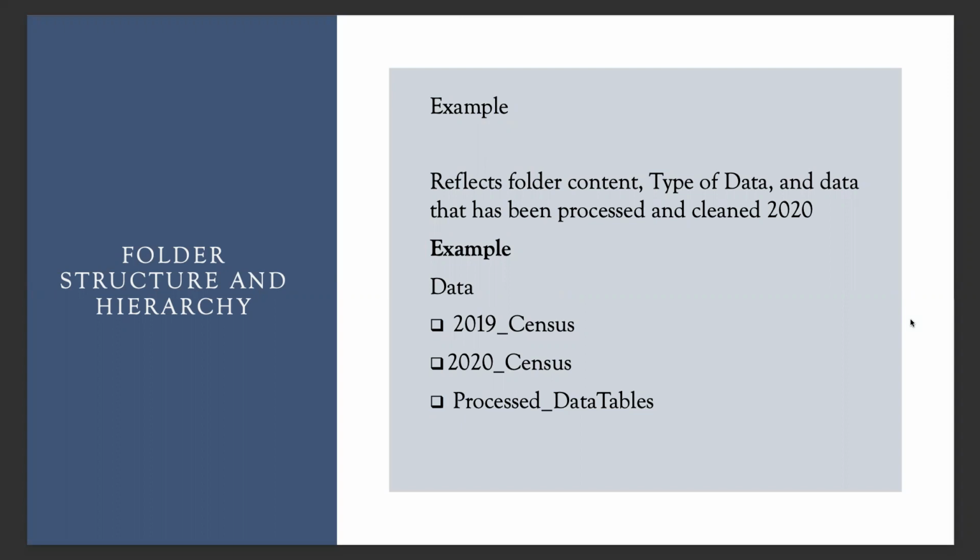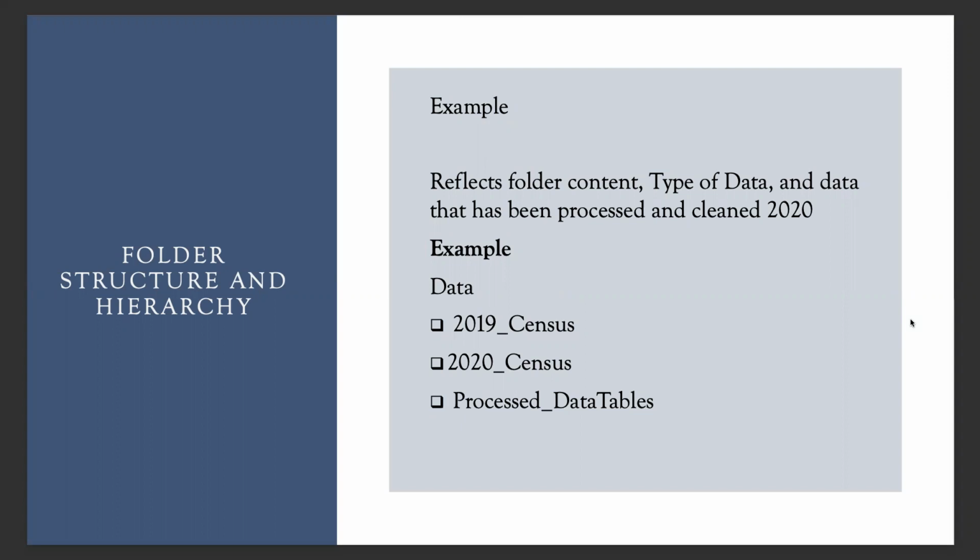So it should reflect the folder content, the type of data, and data that has been processed and cleaned, for example. So in the data folder, you have 2019 census, meaning you have a time period for the data, and you have 2 different folders for that.